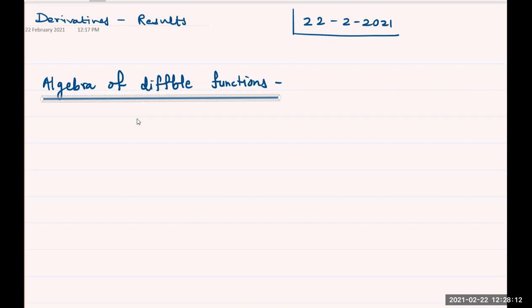Okay, so please write down the statements, give the heading derivative some results, and the first section of results is about algebra of differentiable functions. So I will give it as a theorem, and all 4 results. कांस्टेंट से मल्टीप्लाई किया तो क्या होता है डेरिवेटिव का, ऐड किया तो क्या होता है, मल्टीप्लाई किया तो क्या होता है, and when you divide one function by the other function which is a non-zero function, you can say non-zero function ऐसा नहीं actually बोलते, लेकिन जो zero नहीं बनता है, when you are dividing by something you have to take care that it doesn't become zero at any point.